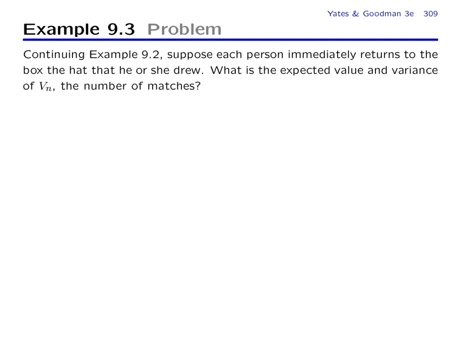So now we define the same xi to indicate whether person i drew their own hat or not. And as before, xi is Bernoulli with success probability p equals 1 over n, the probability that person i draws their own hat. But now the xi's are independent.